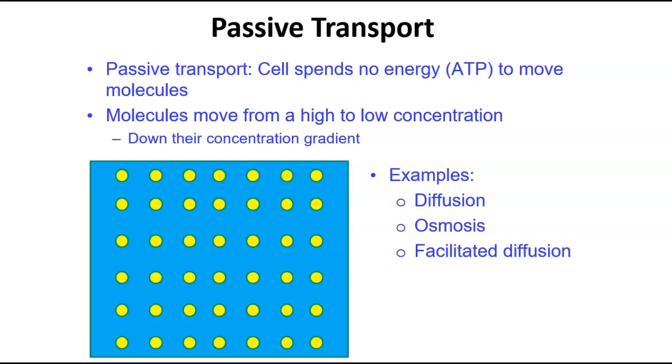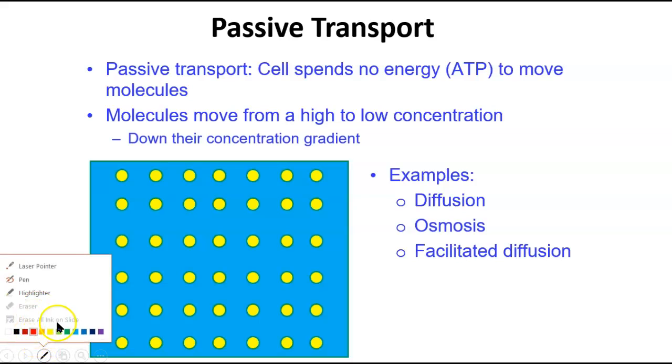Some examples of different kinds of passive transport where things move from high to low concentration, and no energy has to be spent. One example would be diffusion. Diffusion is a type of passive transport, and it's kind of a category of passive transport.